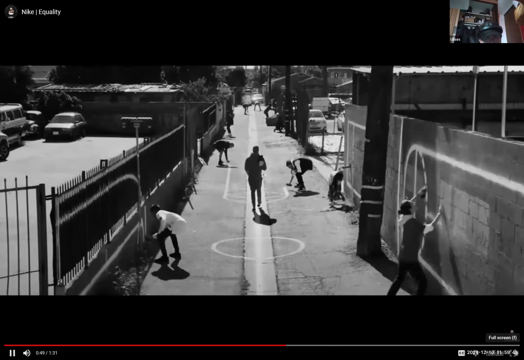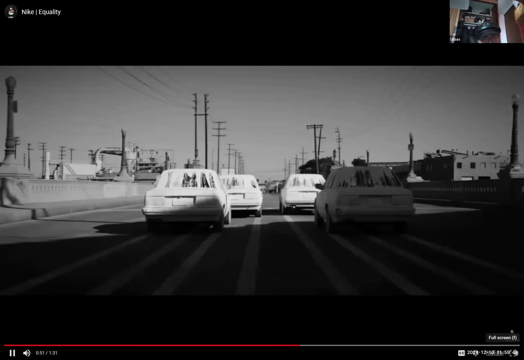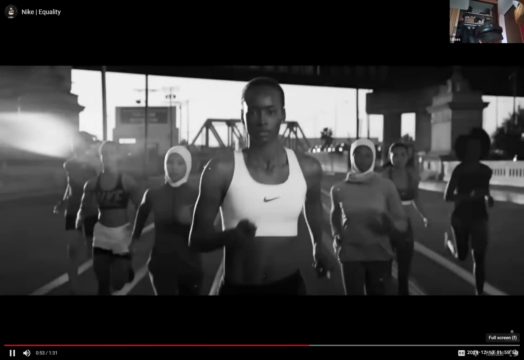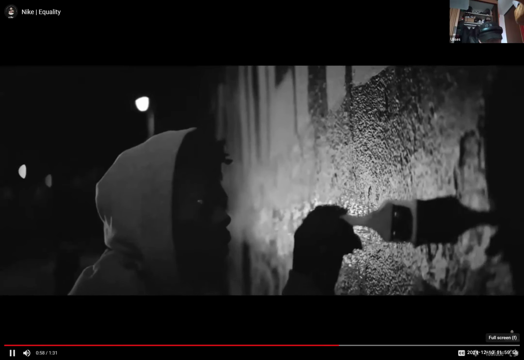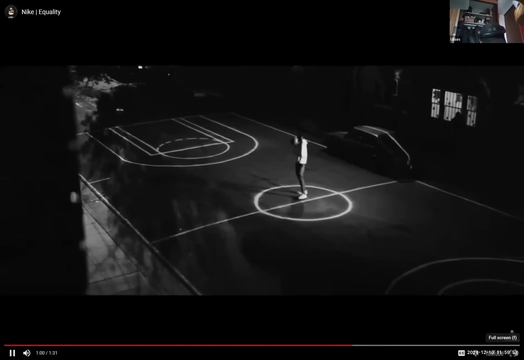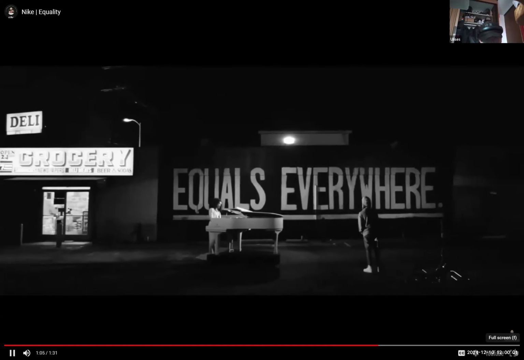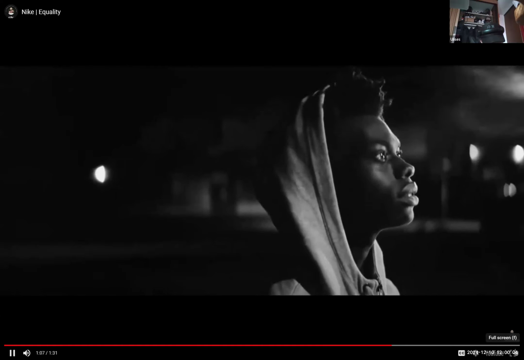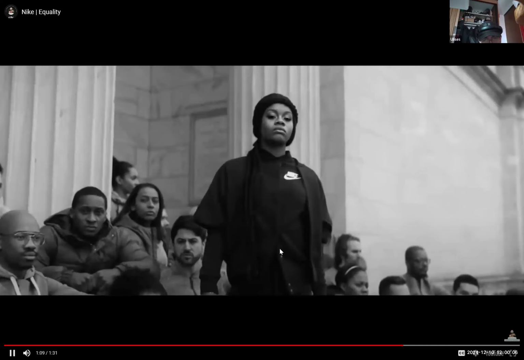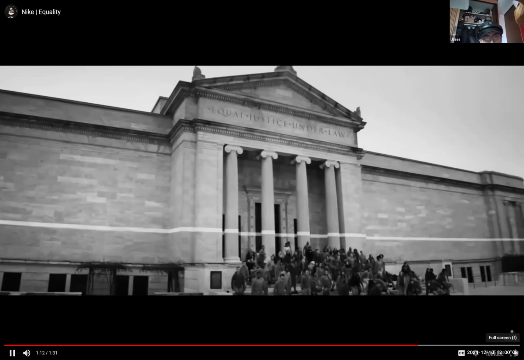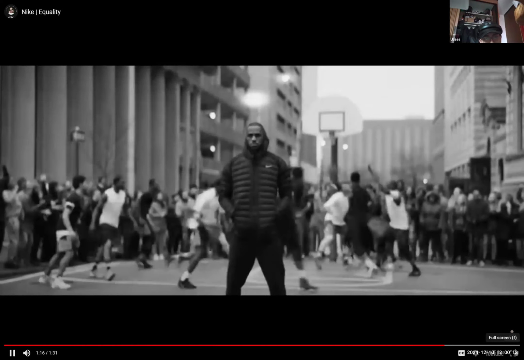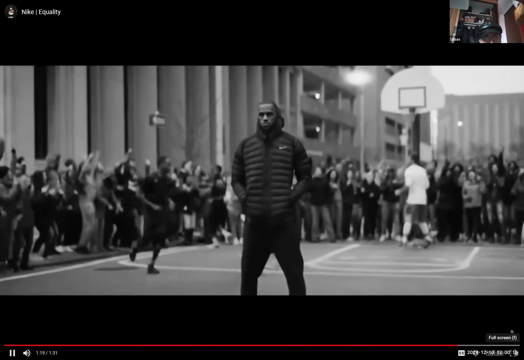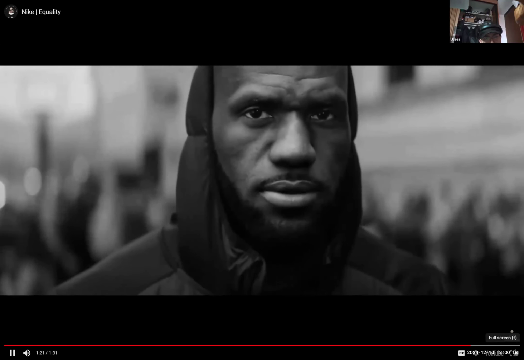It's been a long time coming. Opportunity should not discriminate. Ball should bounce the same for everyone. Worth should outshine color. We can be equal to equals everywhere.